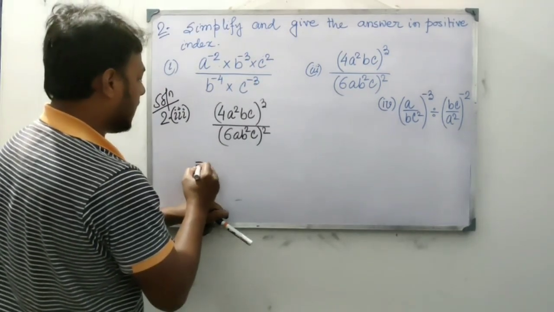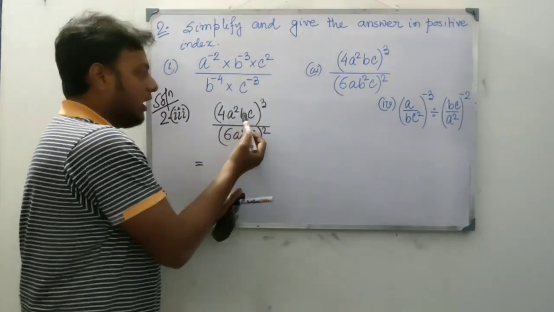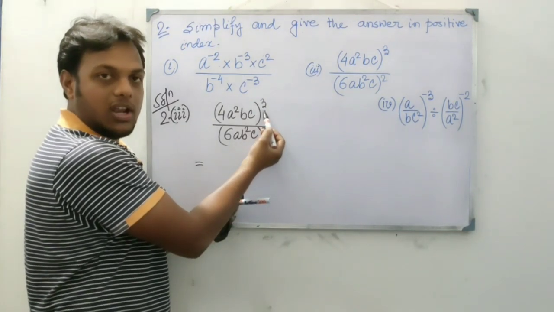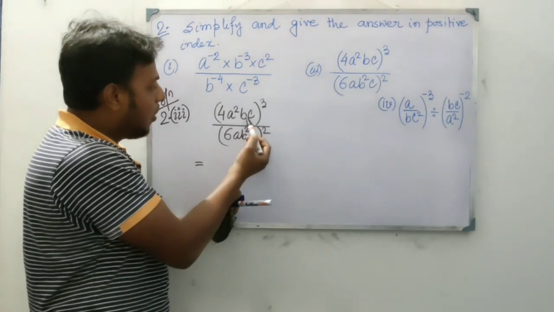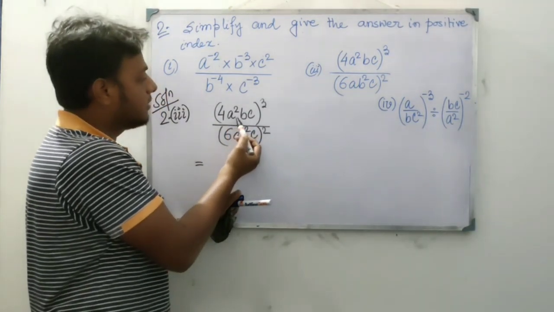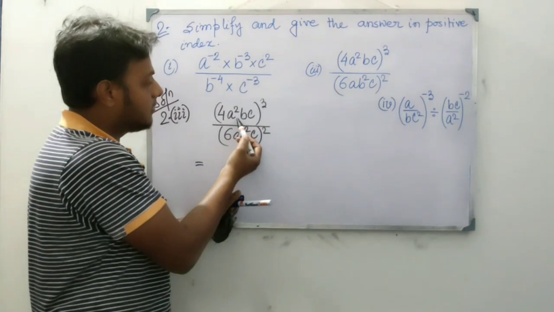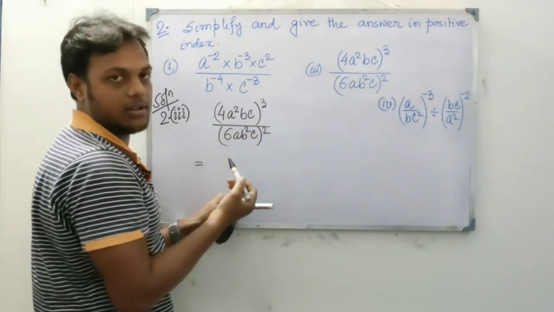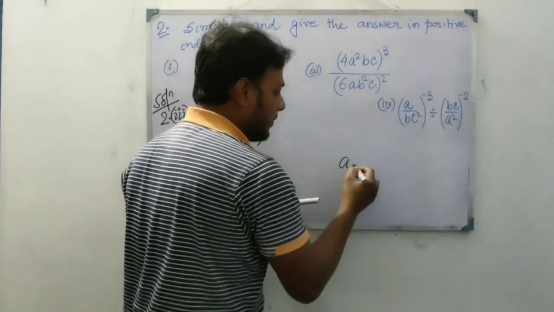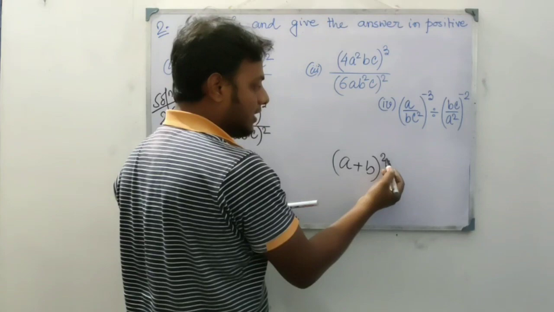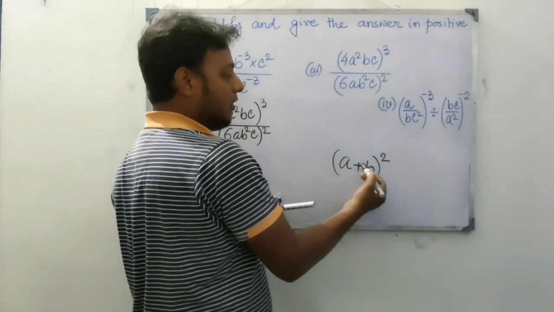Just remind one thing: I have told you that if a power is given outside the first bracket, then we can distribute the power over all the factors of the term which is in the first bracket. If a plus b whole to the power 2 is there, it does not mean that you can distribute the power over all the terms.